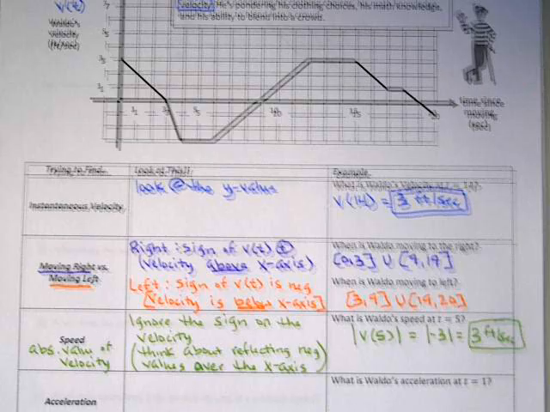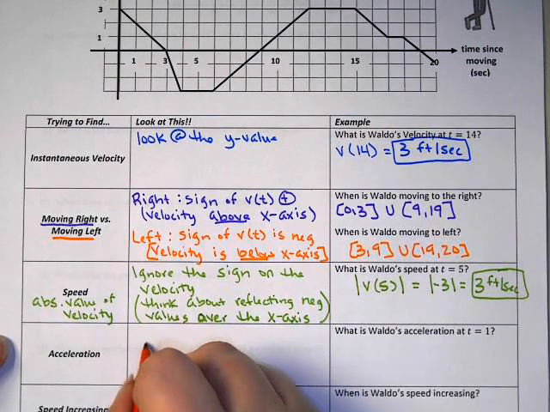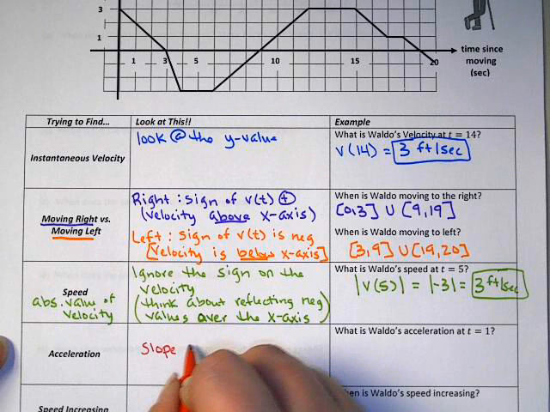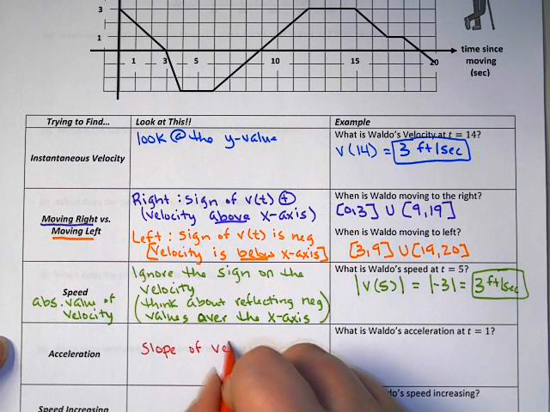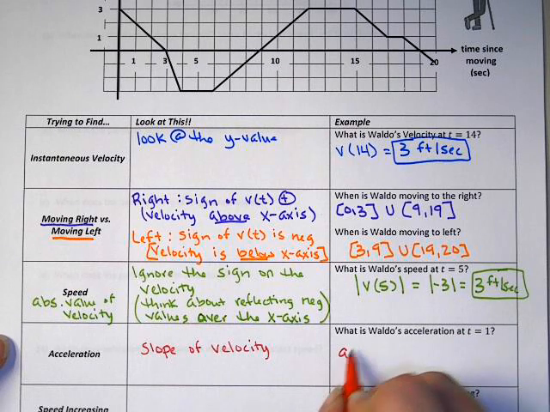If I wanted to know Waldo's acceleration, well, we know that acceleration is the derivative of velocity, so we're looking for the slope of the velocity function. So Waldo's acceleration at time t equals 1 means a of 1.